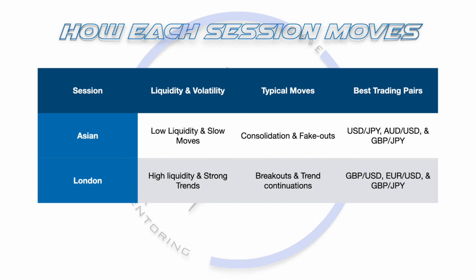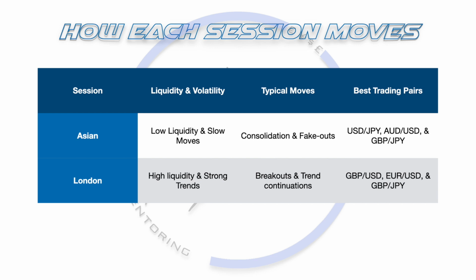The best pairs to trade are going to be anything with pound, anything with euro. Pound USD, euro USD, pound JPY. Again, anything with pound or euro is going to be the best for this particular session. For example, pound USD is going to move very aggressively due to London-based liquidity.